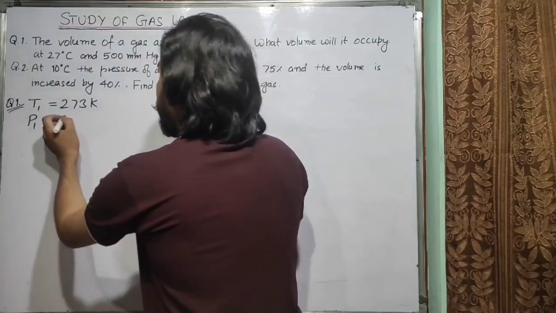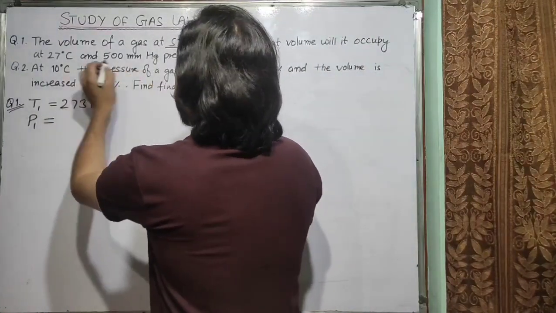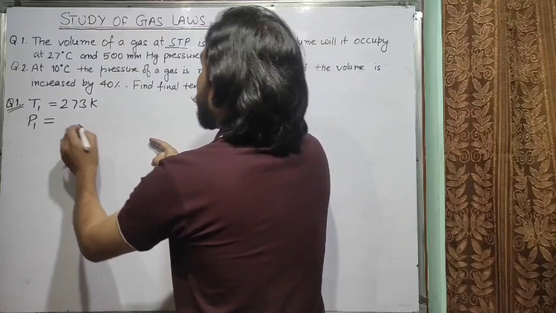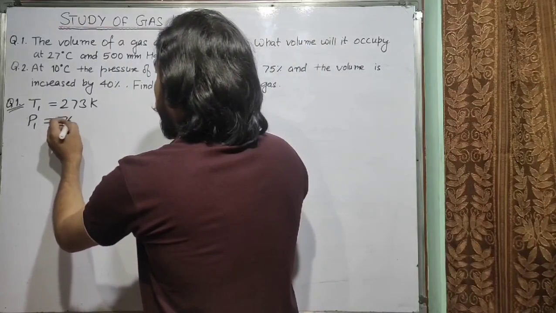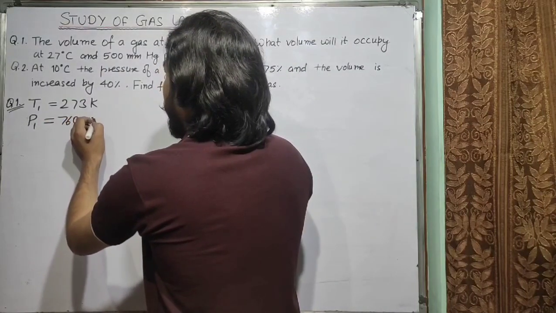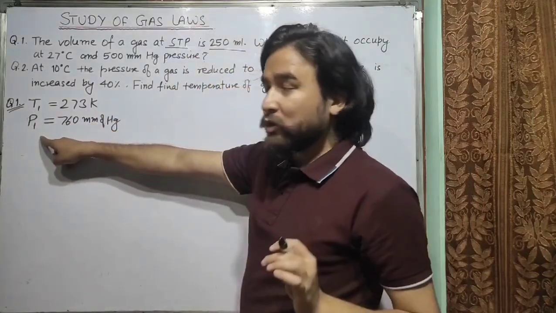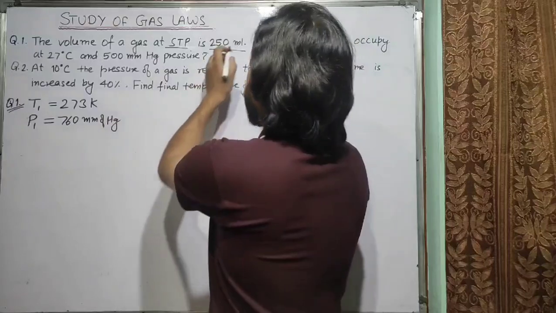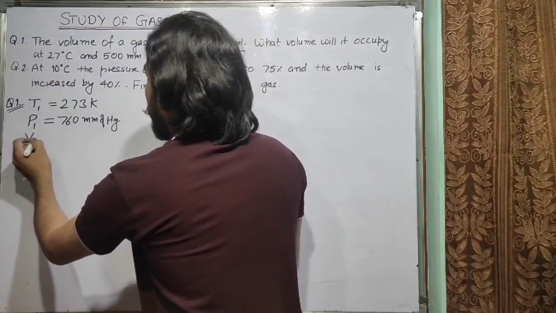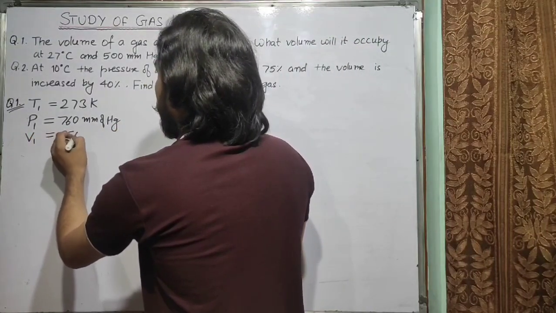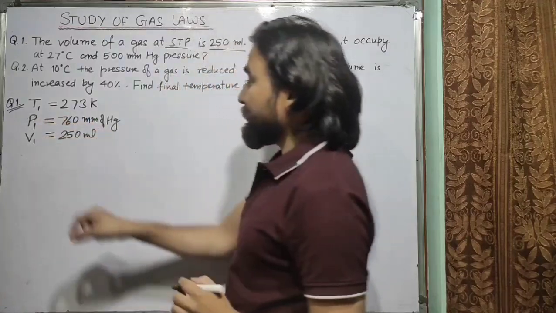So P1 is also given, that is 1 atm. But here the pressure is given in mm of Hg, so we will also write it in mm of Hg, that is 760 mm of Hg. So we know T1, we also know P1. Now what is given? Volume. Initially the volume is given, that is 250 ml. So we have T1, P1 and V1.